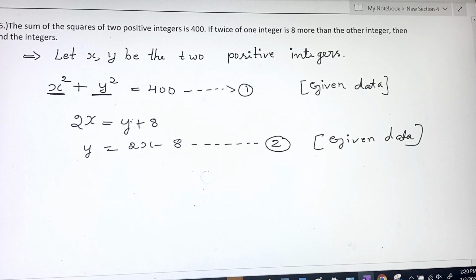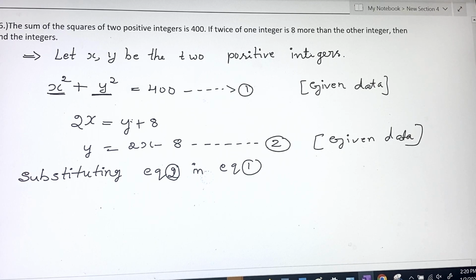Now we are substituting equation 2 in equation 1. First we write equation 1: x square plus y square is equal to 400.